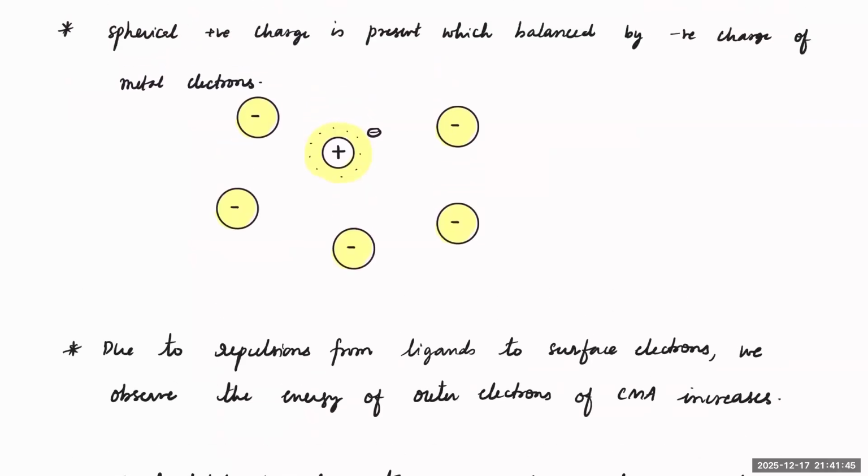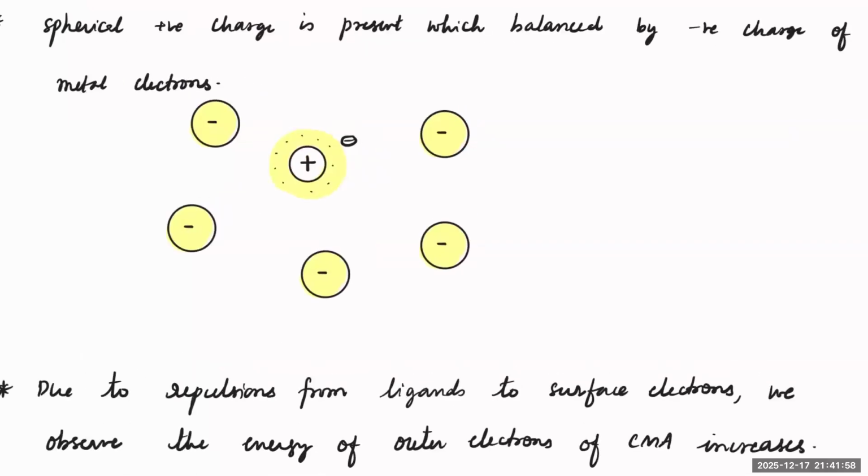Now you see, we always assume that it is the spherical charges which are approaching towards the central atom. While the metal has positive charge, at the same time, it also has surface or valence electrons in it.